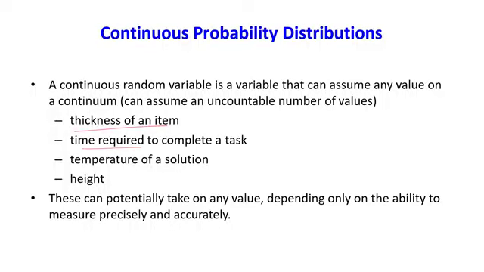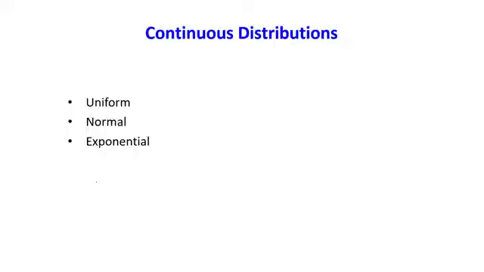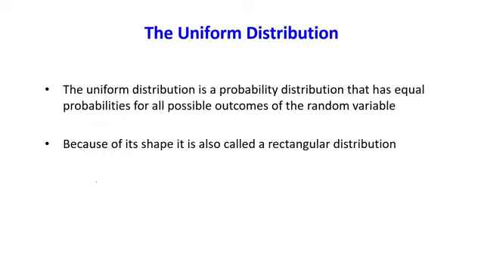Time required to complete a task, temperature of a particular solution, or height, all these are numerical values which can be measured in any decimal places. So if you have this kind of data, you have to refer to these distributions. The special distributions in continuous distribution families are uniform, normal, and exponential.